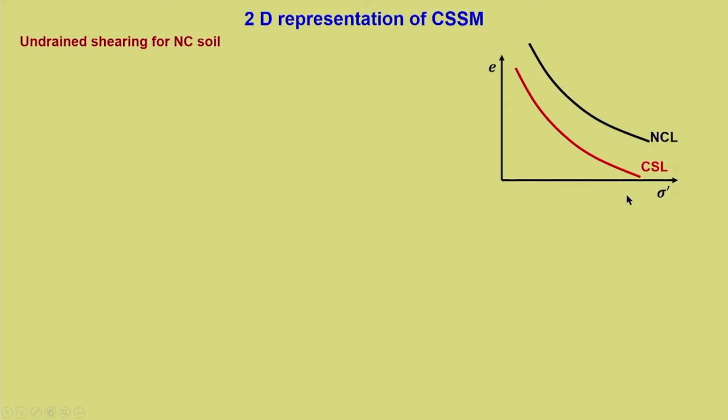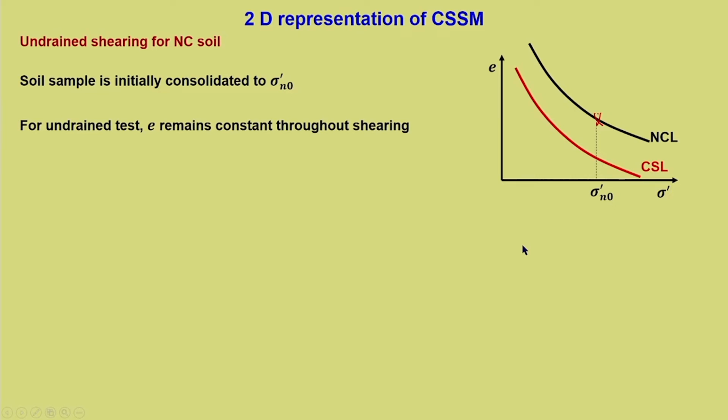Again, we start with E sigma dash. The soil sample is initially consolidated to sigma n naught dash. So, this is the point to which it is initially consolidated. So, it is the starting point. Now, this is reminding you it is an undrained shearing. So, it is a kind of consolidated undrained test where the soil is initially consolidated to sigma n naught dash.